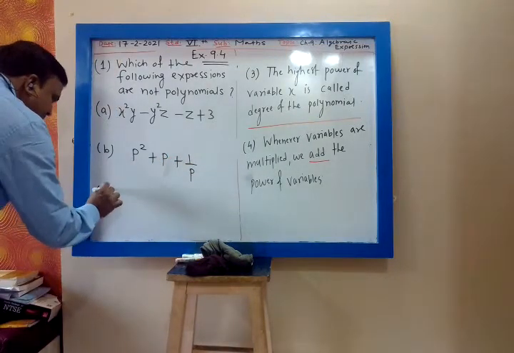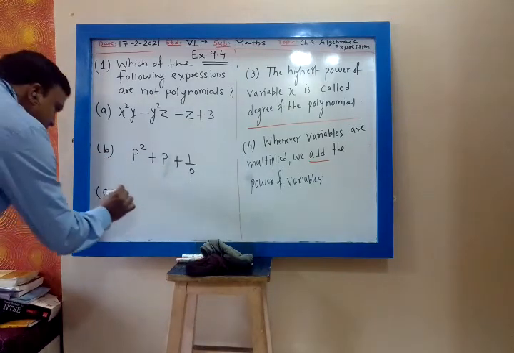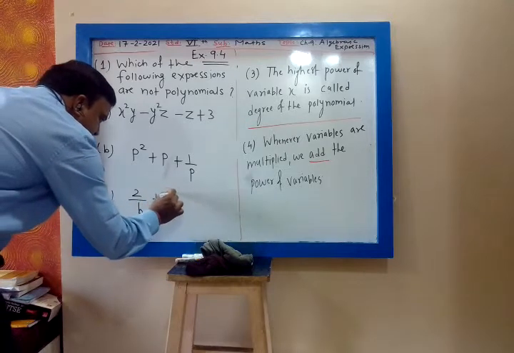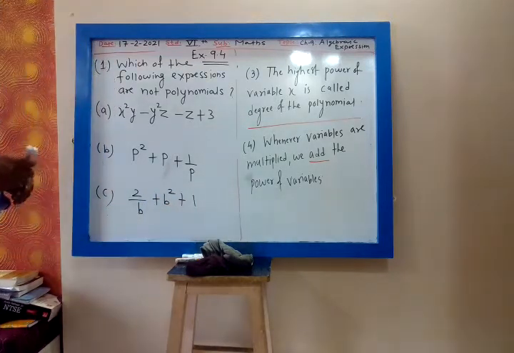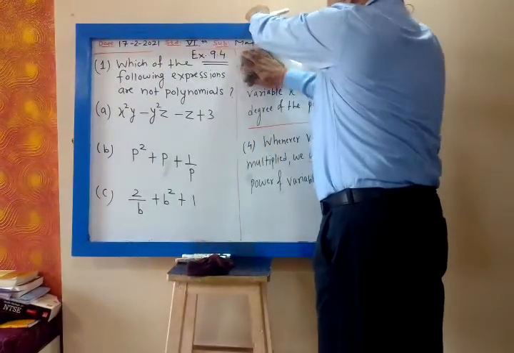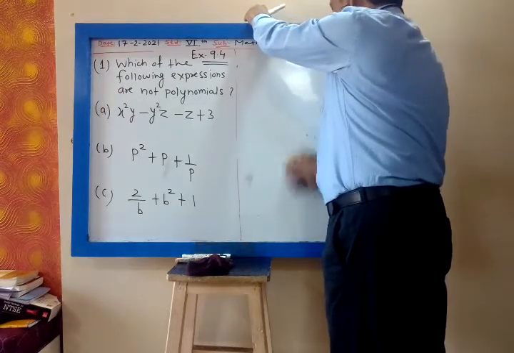Then C, you leave one line for the answer. 2 upon b plus b square plus 1. You leave one line, no?